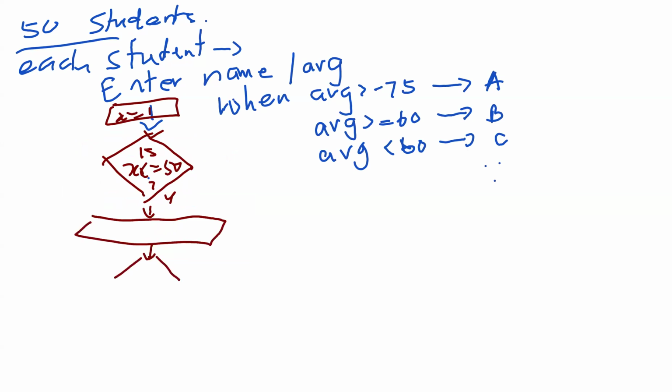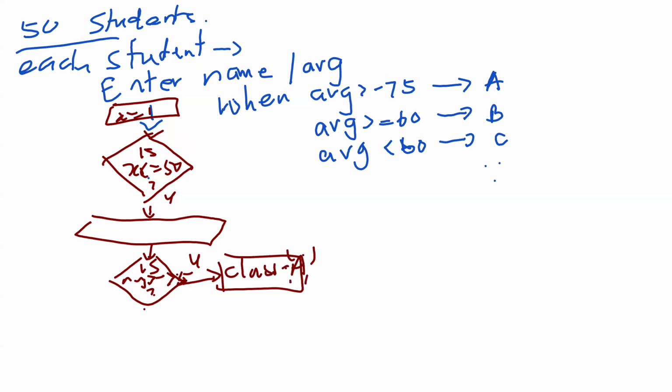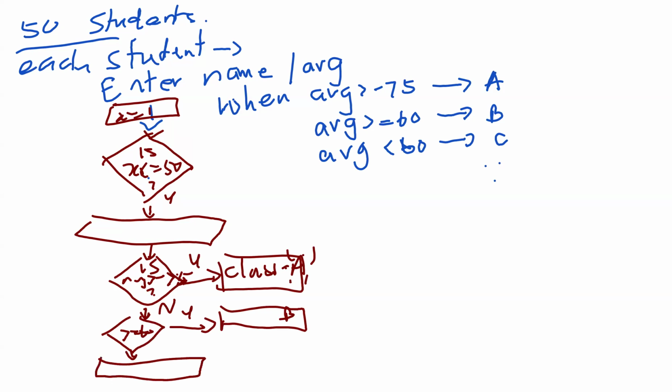Then ask: is average greater than or equal to 75? If yes, class equals A. If no, ask whether it is greater than or equal to 60. If yes, class is B. If no, class is C.